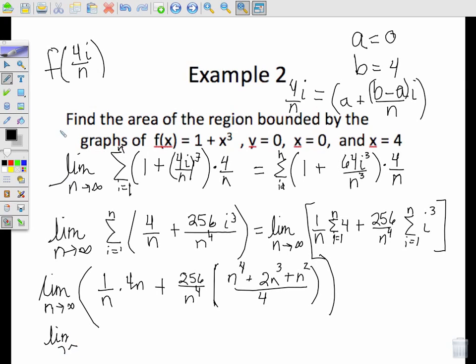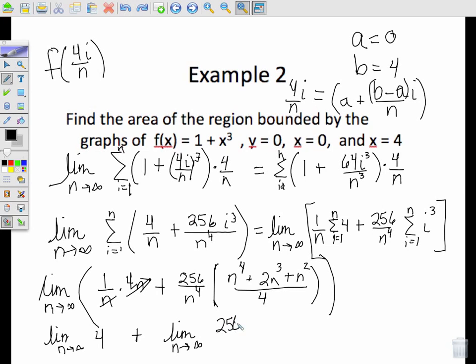Now, if I truly multiply these things out and take the limit, it's going to be the limit as n approaches infinity of, the n's cancel here, so of 4 plus, again, the limit as n approaches infinity.